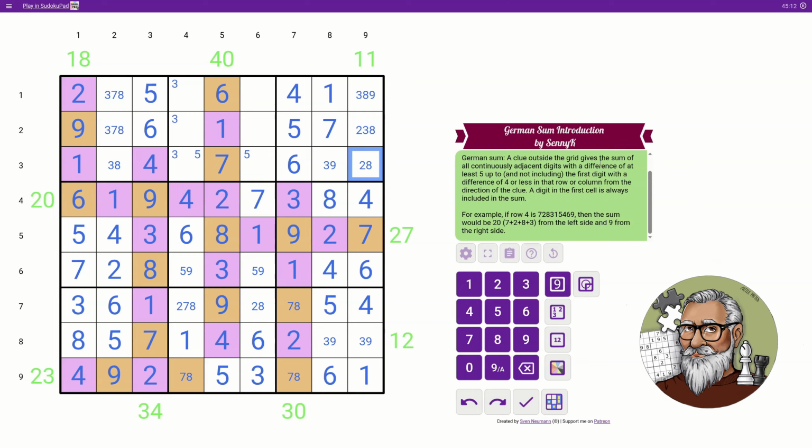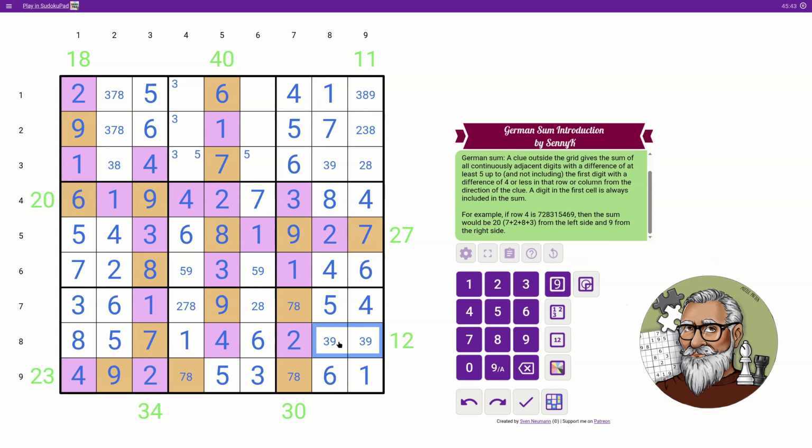Clue outside of the grid gives the sum or continuously. Oh, there is a negative constraint. Of course, I'm still treating them like a German whisper, but there's a negative constraint at the end of the sum. It has to stop. If this was a German whisper line, then it doesn't matter what the cell outside of the line is. But here there is a negative constraint at the end of the line.